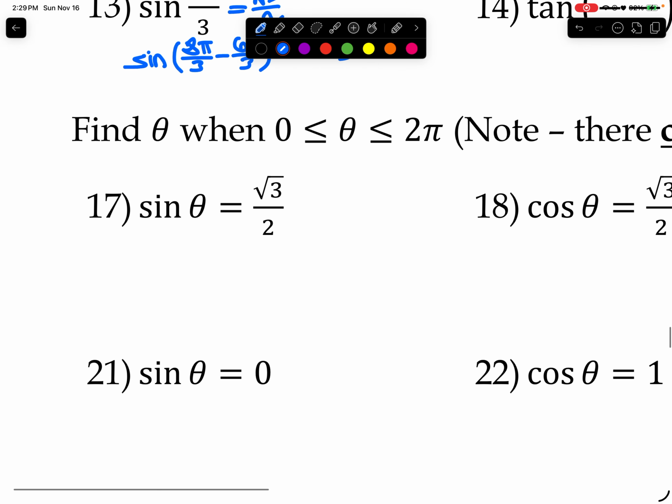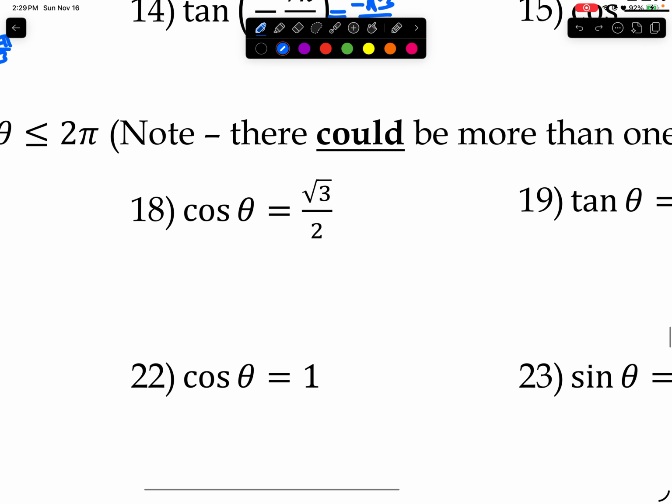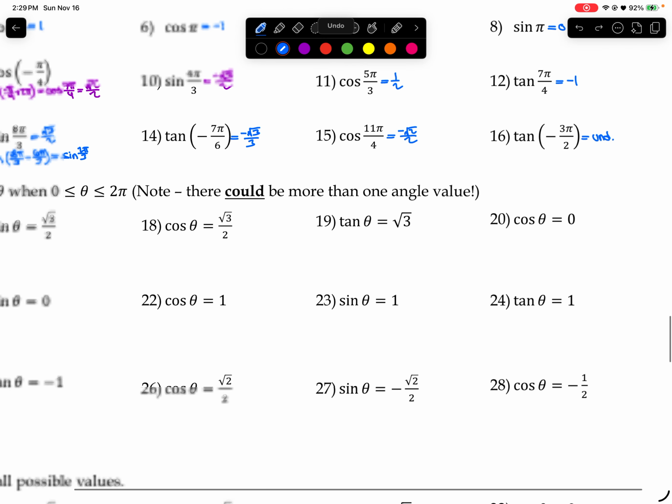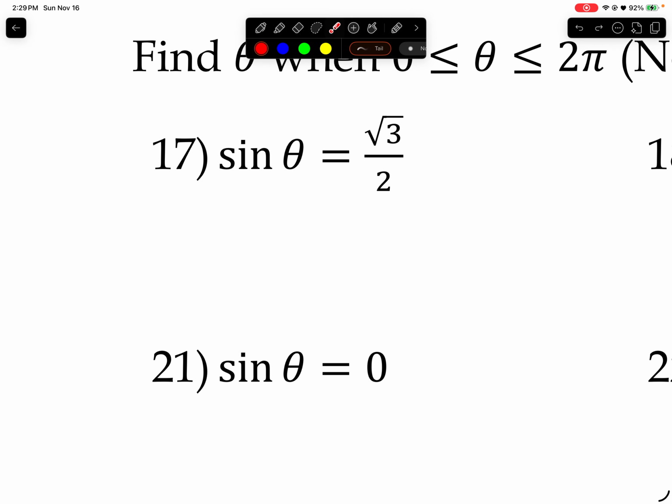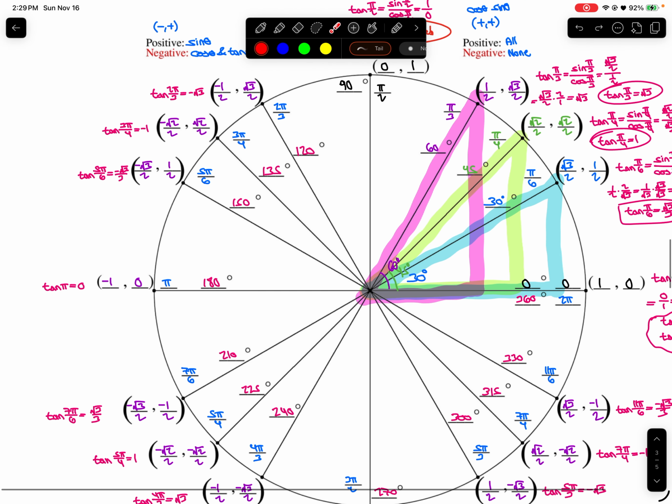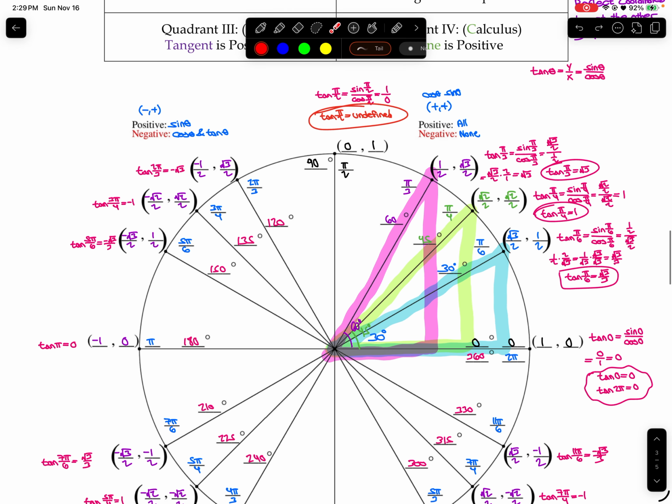Now we're just going to find the angle value when it's in one revolution, and note that there could be more than one value. So I want to find all the values where my y value is positive root 3 over 2. So I have a positive root 3 over 2 for my y value here, and also if I go across, it's at 2 pi over 3 and pi over 3.